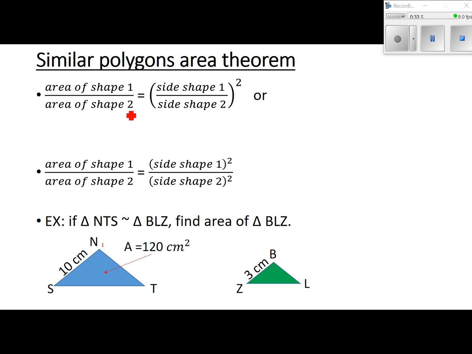The next theorem, similar polygons area theorem. So instead of dealing with the perimeter, the distance around the outside, now we're dealing with the area of the shape, whatever it is.